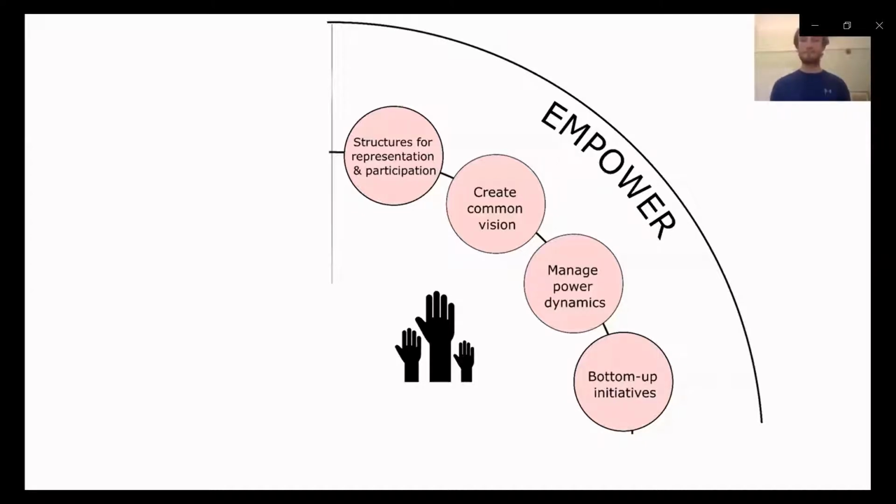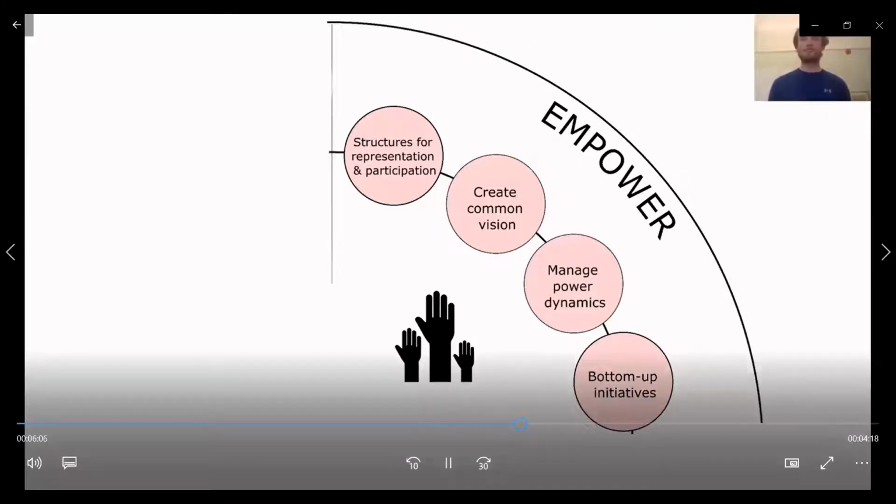Another important thing is to create a common vision, to ensure that all the people engaged have a common idea of what the restored ecosystem should look like. You have to manage the power dynamics, because some stakeholders may have a stronger influence on the outcome than others. And allowing for bottom-up initiatives is a very useful way of doing things, as demonstrated by a Finnish restoration project.